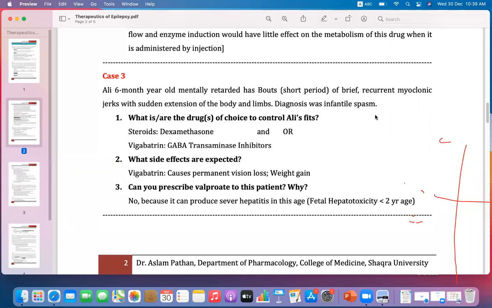So if there is an infantile spasm with extension of the body and limbs, the best and preferred drugs are dexamethasone and vigabatrin. This question is also important from your exam point of view, for the infantile spasm, vigabatrin.